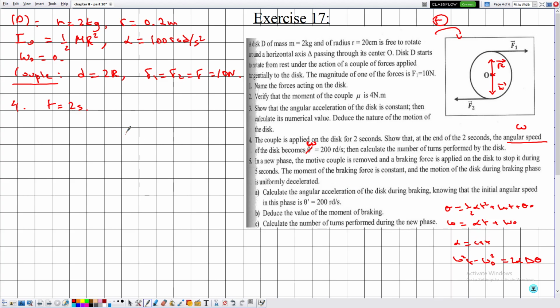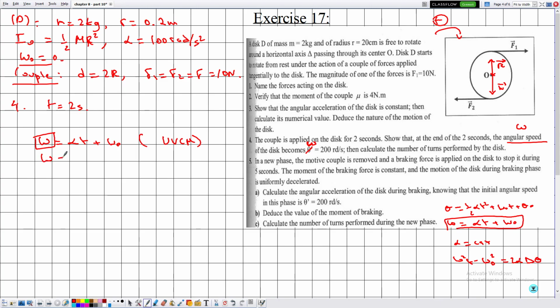Since we have time and initial speed, and we are asked to calculate the final speed, we will use this equation: omega is equal to alpha t plus omega 0. This is a UVCM, and we are asked to calculate omega.